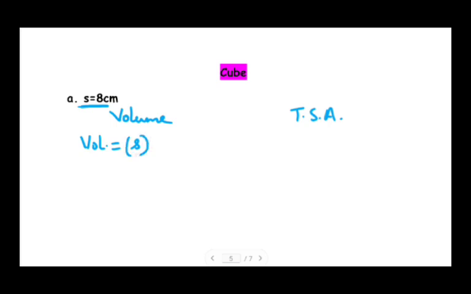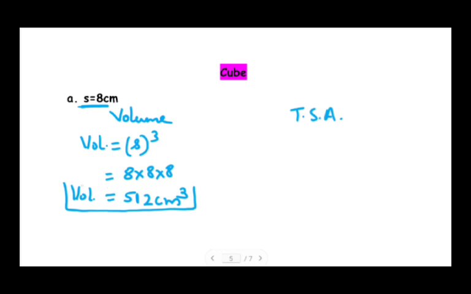So 8 into 8 into 8. Cube is writing the same number thrice. Okay, it is 512. Children, again reiterating, learn your square numbers and cube numbers thoroughly. Time is not wasted.